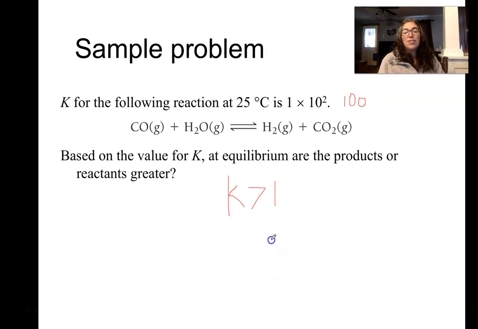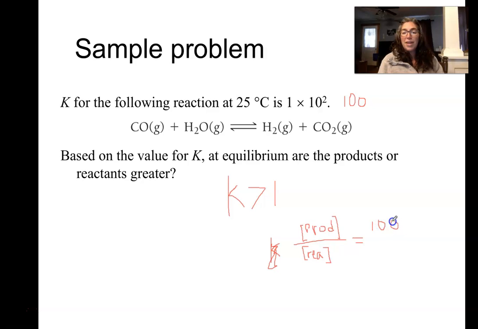It's 100. So in other words, at equilibrium, the concentration of the products over the concentration of the reactants is equal to 100 over 1.